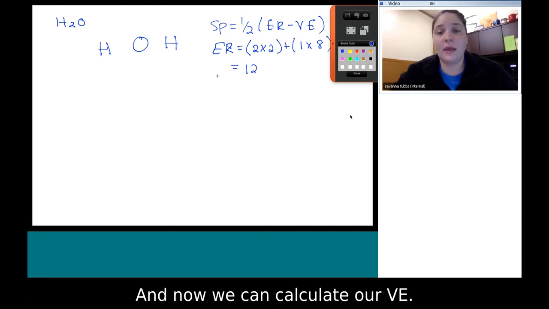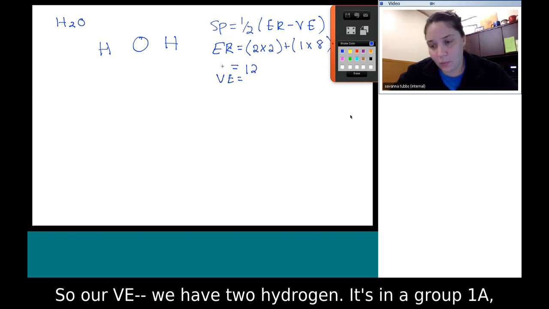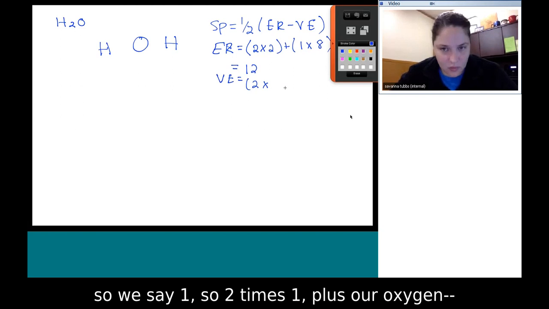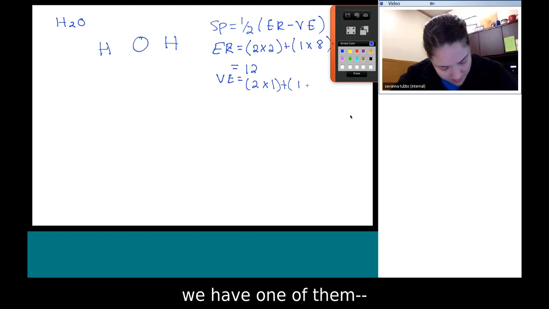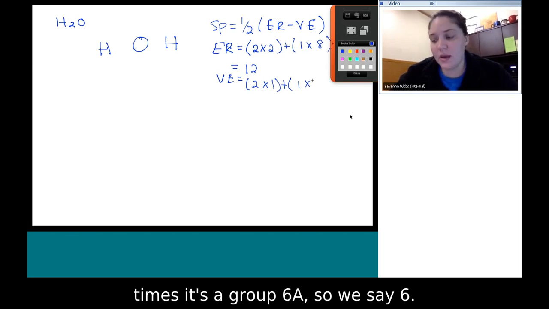And now we can calculate our VE. So our VE, we have 2 hydrogen. It's in a group 1A, so we say 1, so 2 times 1, plus our oxygen, we have 1 of them, times, it's a group 6A, so we say 6.